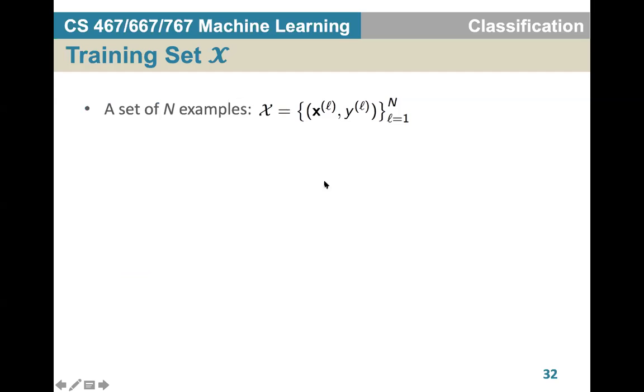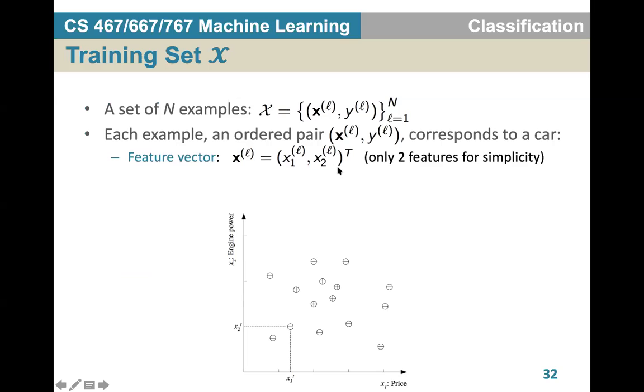Now, the training data is always like this. We have X, which are vectors, and we have Y. Vector means X1, X2, X3, these are the attributes. Here we only have price and engine power, and Y is family car or not. So we can plot them here. For this point, this is the price and this is the engine power, so this is two-dimensional.